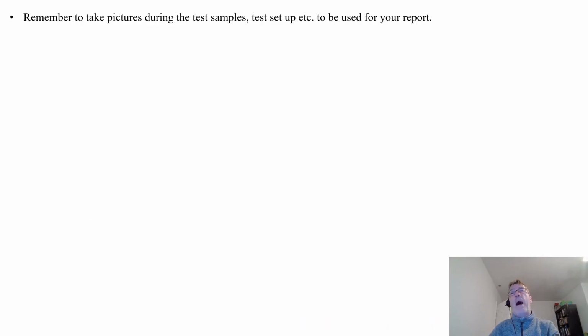Now, in the tutorial session, so the lab session, please make sure you take lots of photos, not just of the test, but anything and everything that is used within the lab for these tests, and make sure you understand what it is you're writing up.